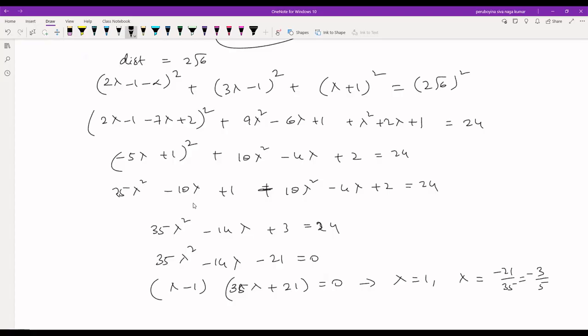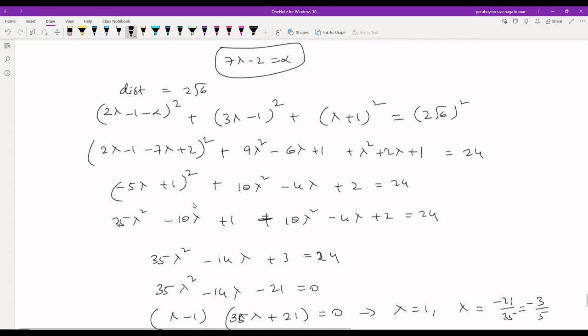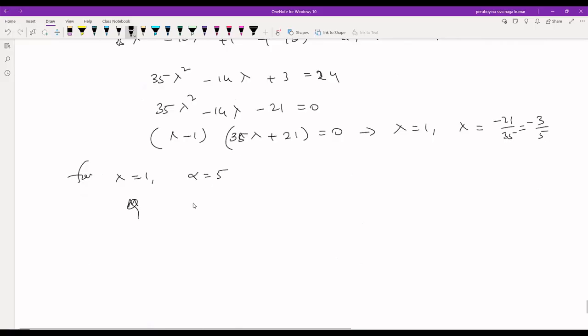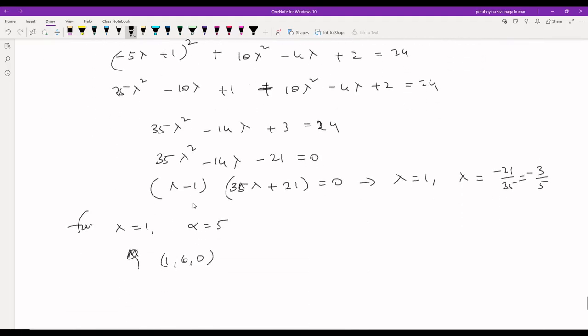We will take lambda equal to 1. For lambda equal to 1, what is the alpha value? 5. The alpha value will be 5 in the point P. Therefore the Q point, for lambda equal to 1, will be (1, 6, 0).